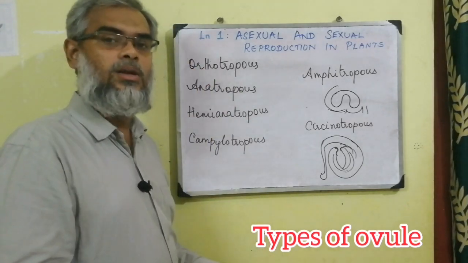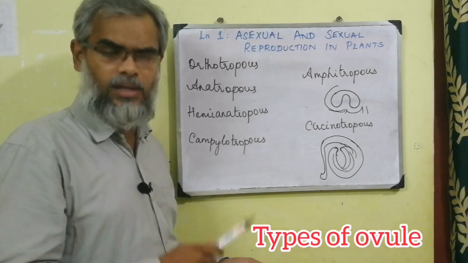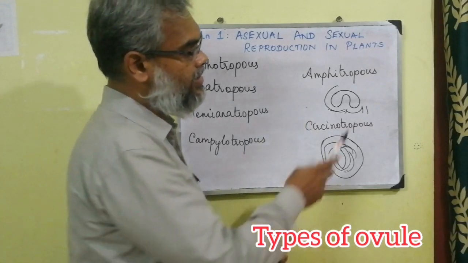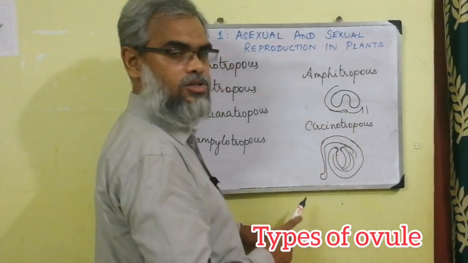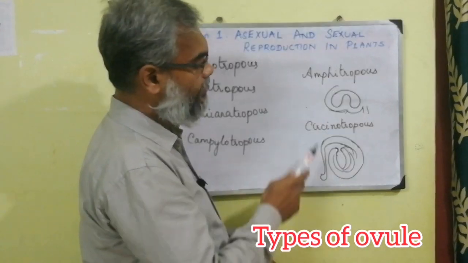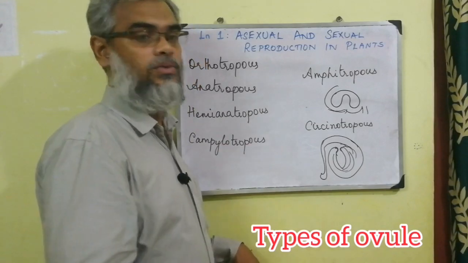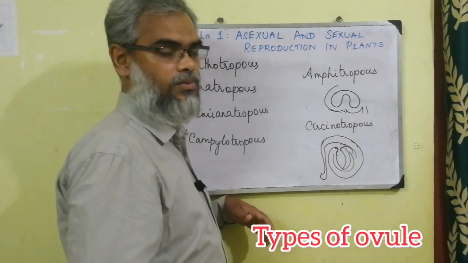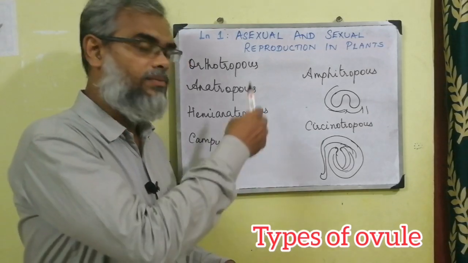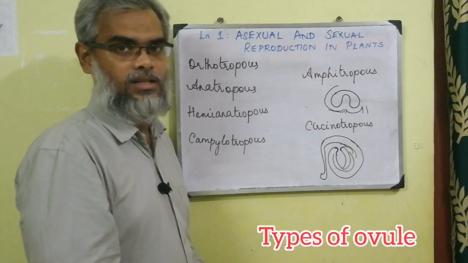In campylotropous, the hilum, micropyle and chalaza are close together. In amphitropous, the hilum and chalaza are together, and the embryo sac occurs like a horseshoe. In cercinotropous, the funicle encloses the total ovule. These are the types of ovules seen in plants.